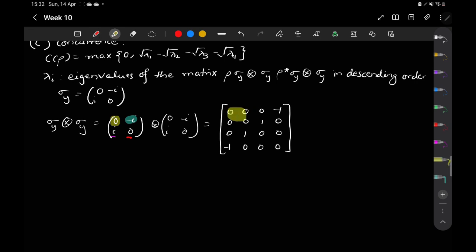Then minus I times this matrix. So minus I times minus I is minus 1, minus I times I is plus 1. So this part comes from here. Then I times this matrix. So this part comes from that, and then 0 times the matrix. So that's how you evaluate the tensor product.